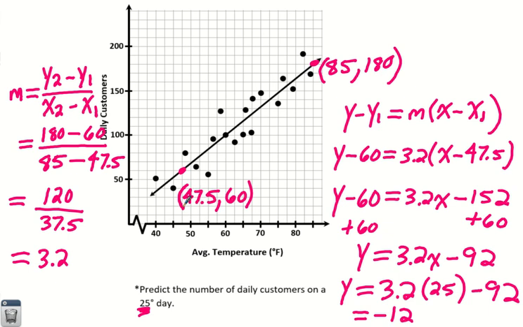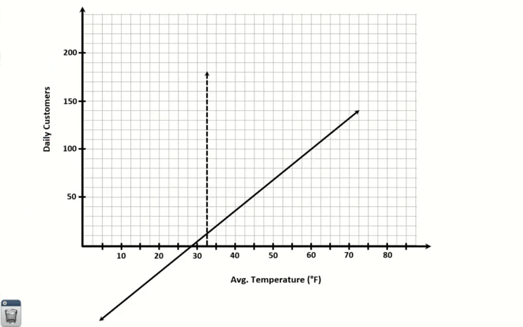It's not possible to have negative 12 customers, but that's the answer based on the scatter plot, based on the line of best fit, which produced this equation. Okay? And let's see if that makes sense. So what was 25 degrees? So yeah, right here, which does sort of fit my answer of negative 12 customers, right? Negative 12 customers. Oh yeah.